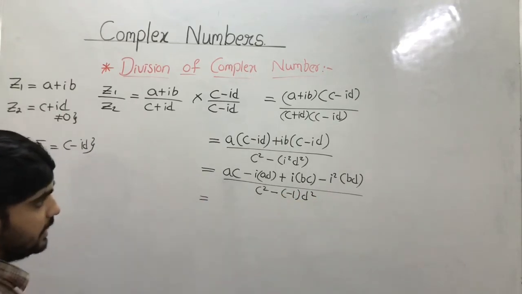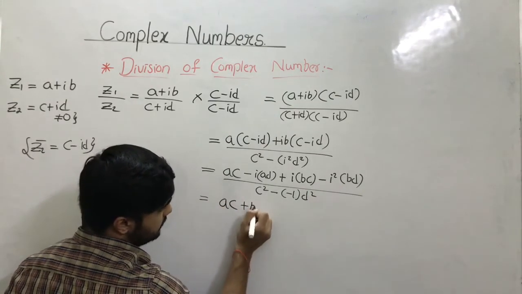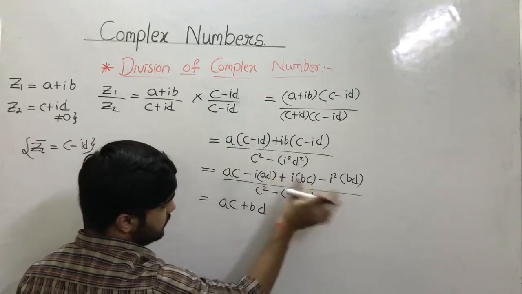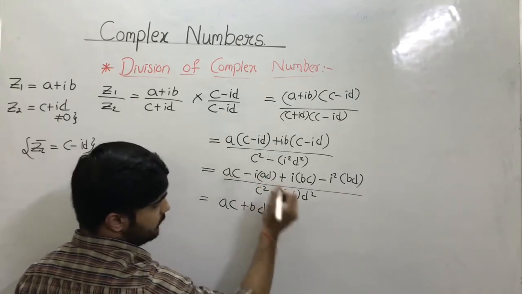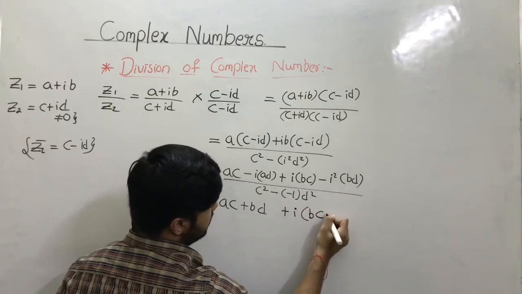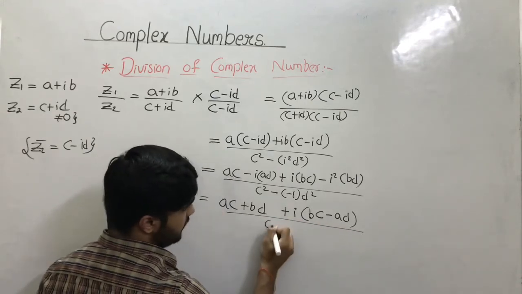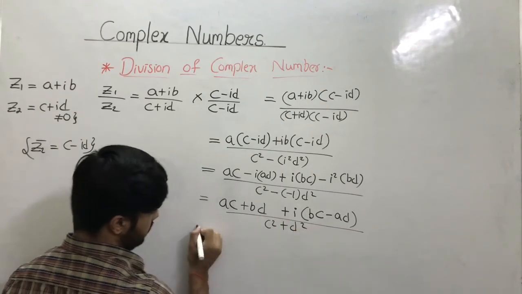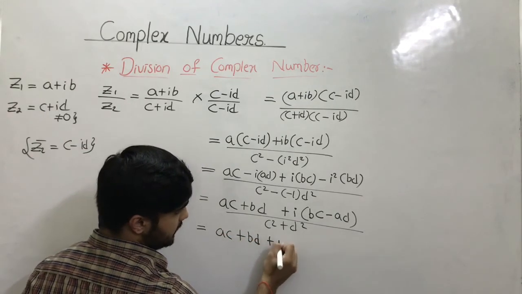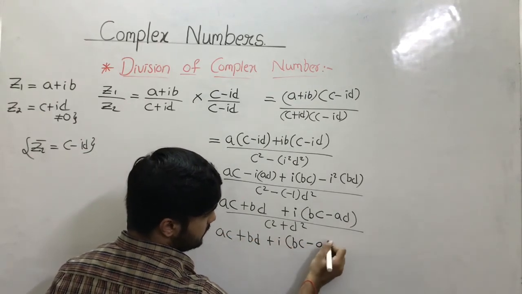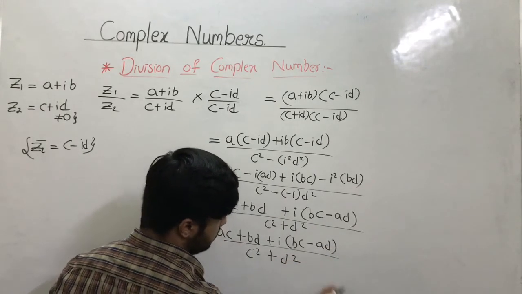So now we will write the real part together. This will be ac and this will be plus bd. Similarly, we write the imaginary part separately. If we take i common from this, we will get bc minus ad, upon we can write c square plus d square. So after solving we got ac plus bd plus i times (bc minus ad) upon c square plus d square.